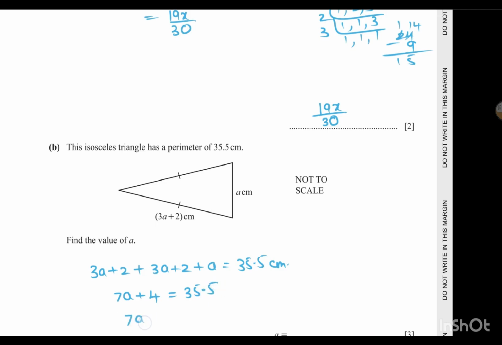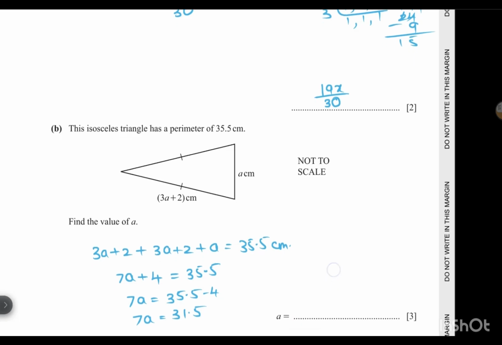Taking 4 onto the right hand side, we get 35.5 minus 4. So we get 7A as 31.5. So therefore A will be 31.5 by 7.